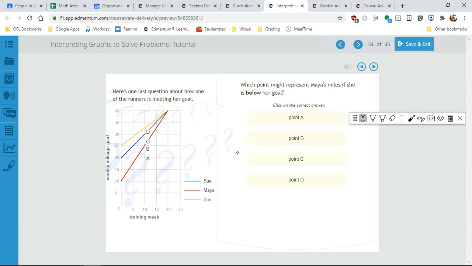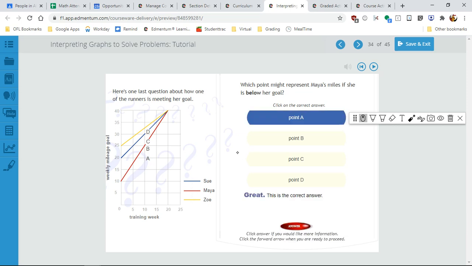Because I'm not sure exactly where the points are supposed to be, I'm just going to pick A because it's the furthest down. Yep. So I'm assuming point B is like here, point C is up here, and point D is up here. So it's a little off. I don't like how they did this, but now you guys know what the answer is. Unless it shuffles it. Sometimes it does shuffle it around.